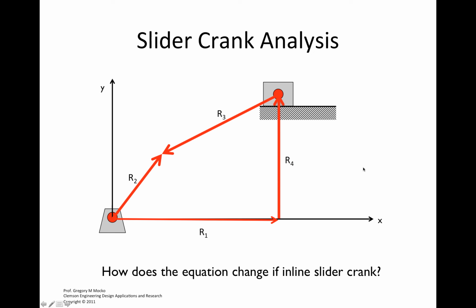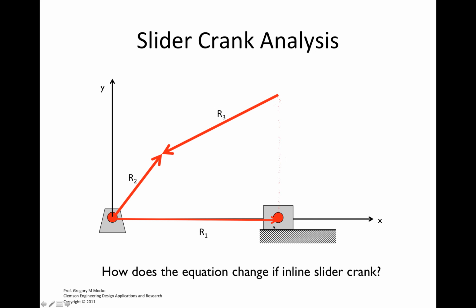Now, here is a simplified version of the diagram that you see. R2, R3, R4, and R1. If this is an inline slider crank, that point moves down, R4 goes to 0, and R3 is solved something along these lines.